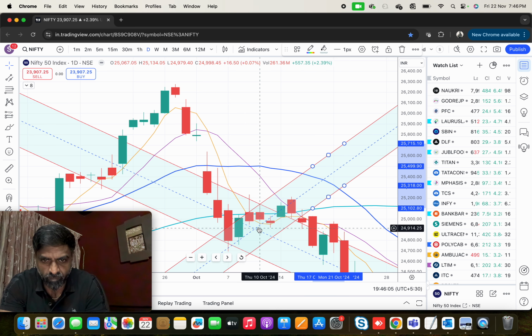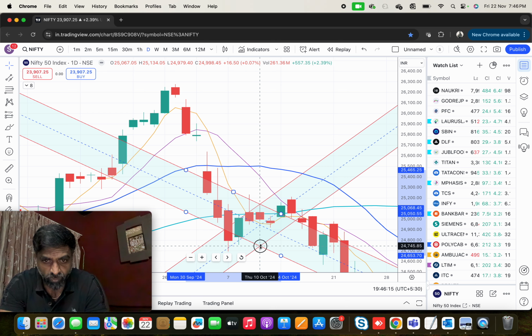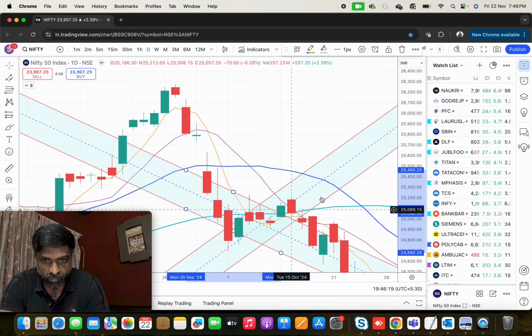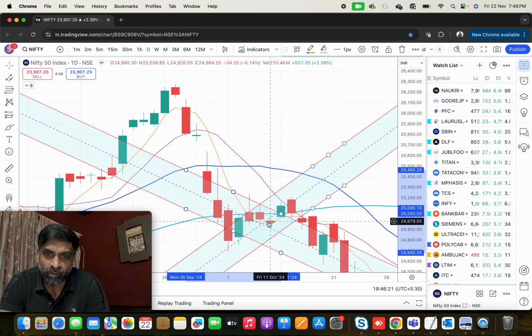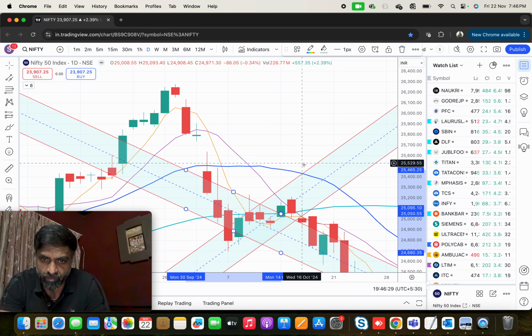Now the next day, open or close, is more or less the same thing. There's a resistance. And if you move this up to the area where it actually rejected, that's the reason it's rejected. Next day it opened up, again tried to go up, but because there is a resistance of moving average 10, it has come down.